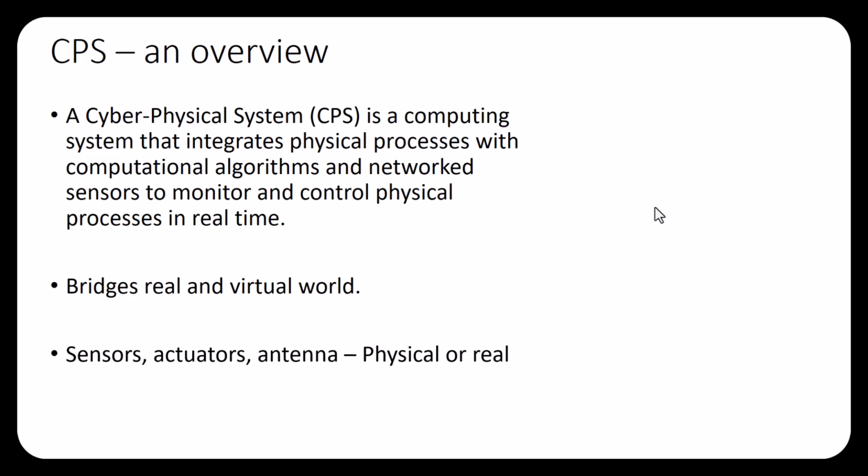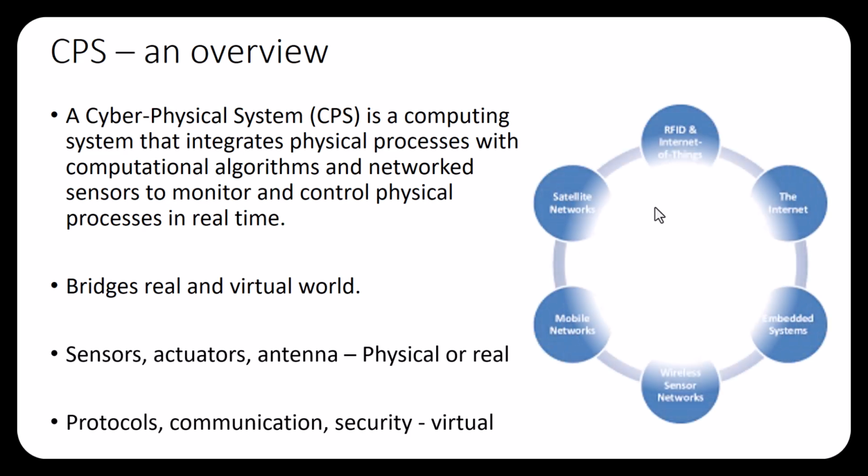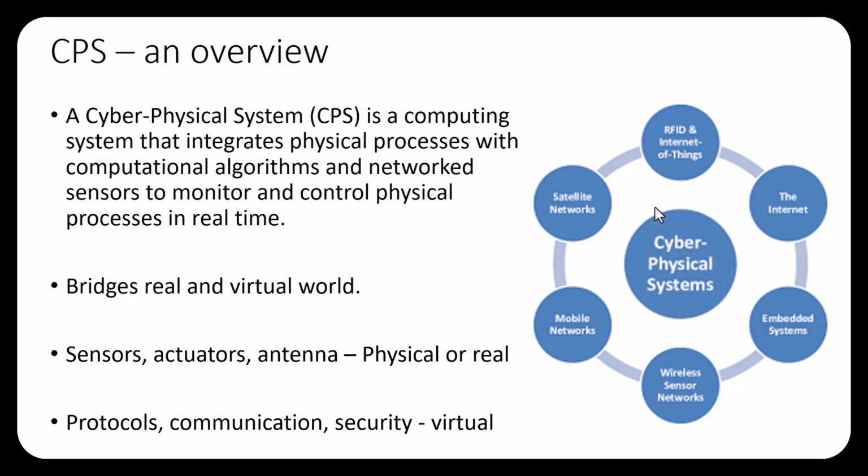Here the physical or the real world is nothing but sensors, actuators, antennas, and the virtual world is nothing but protocols, communication, security, encryption, algorithms, and so on. So this is how the cyber physical system networks everything, to make sure we will be able to monitor and control the physical process in real time.